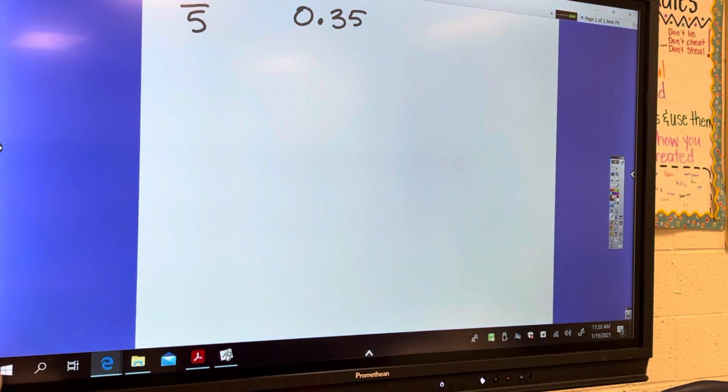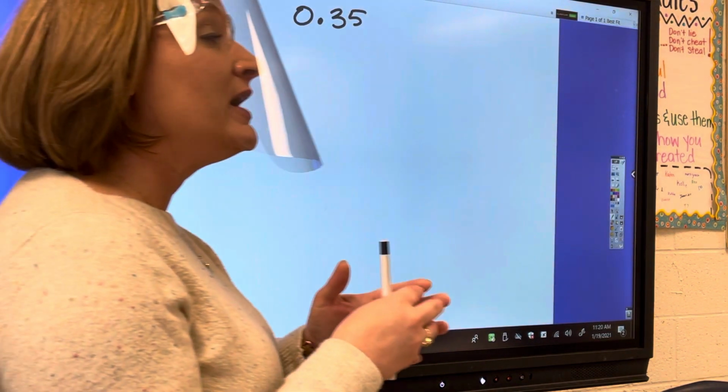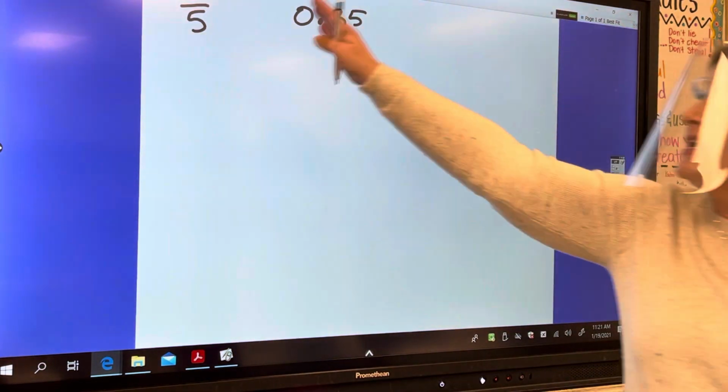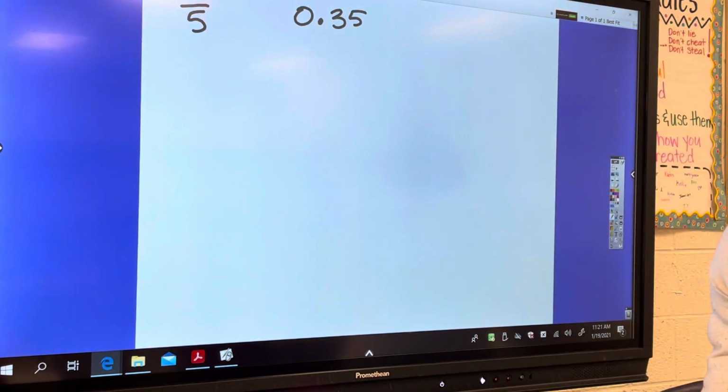When we have a fraction, 2/5, is that greater than or less than 1? Less than 1, okay? So I want you to remember that. When you change a fraction to a decimal, if it is less than 1 here, your answer must be what?